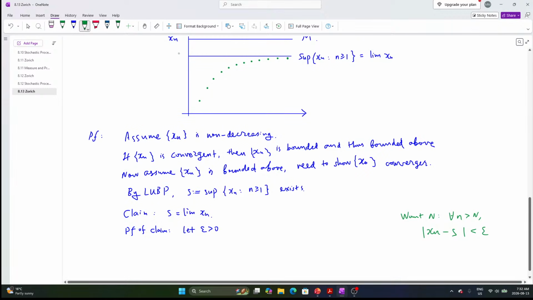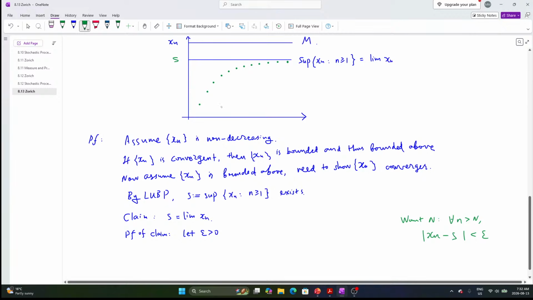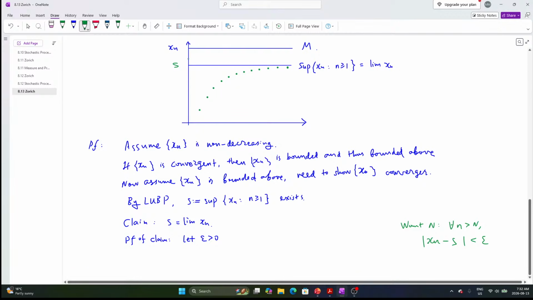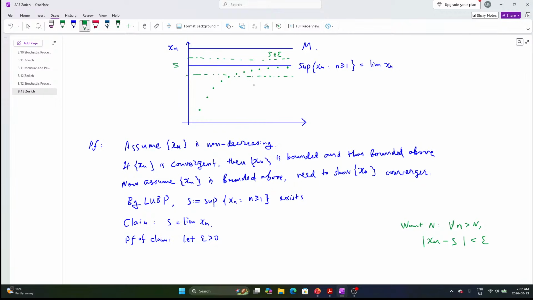So this is S, and xn and S have distance less than epsilon. So let's draw an epsilon tunnel. This is S plus epsilon, and this is S minus epsilon. So we want to show that xn eventually completely falls into this gap.